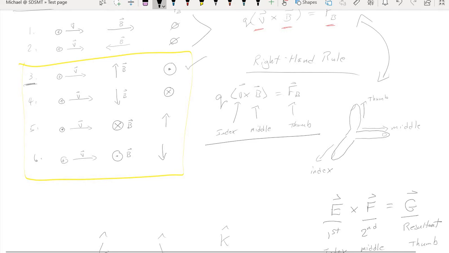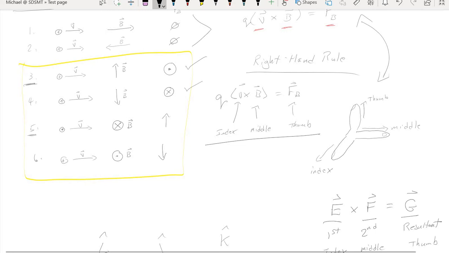So that one checks out. If we keep our index finger pointing to the right, but we rotate our wrist so that the magnetic field points down, well, now the only direction that the magnetic force can point is into the page. So that works.